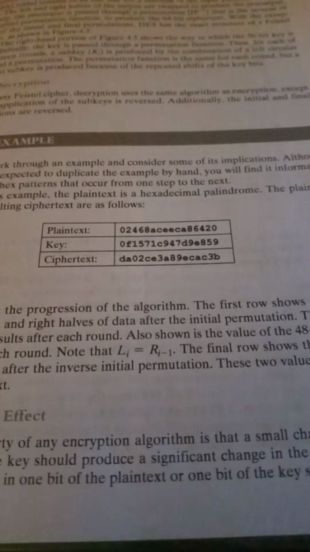Now that's the ciphertext in the book. So look, the ciphertext that you get on the command prompt is supposed to be the same ciphertext you get in the book.